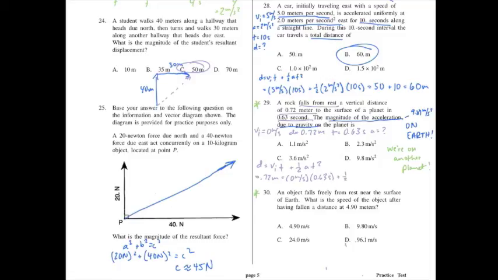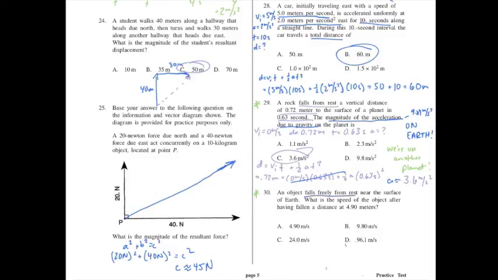You just plug and chug. You get acceleration due to gravity on this strange planet to be 3.6 meters per second squared, choice C.